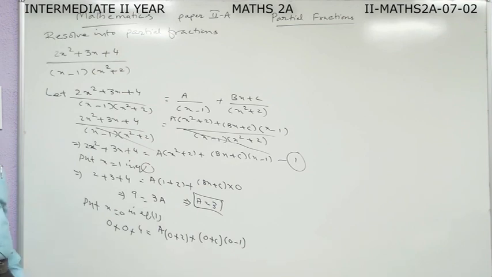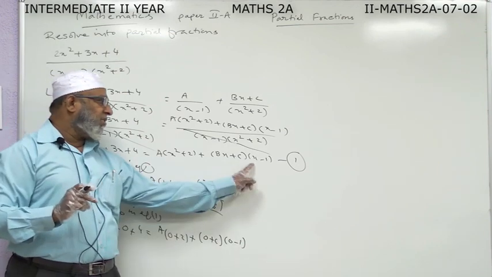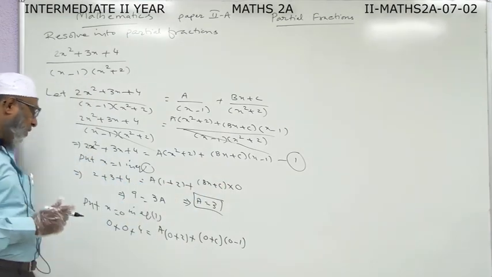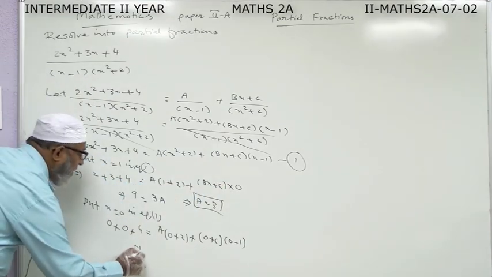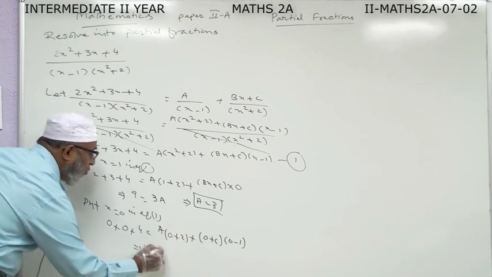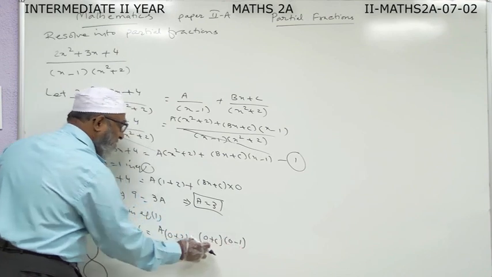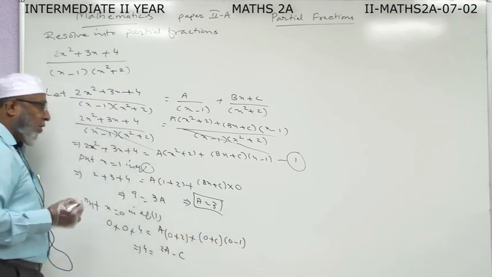Wherever x is there, I have replaced it by 0. Now what happened? This is nothing but 4 = A into 2, that is 2A. This is C into minus 1, which is minus C. So this is nothing but 2A − C.